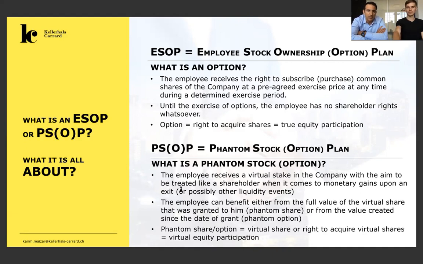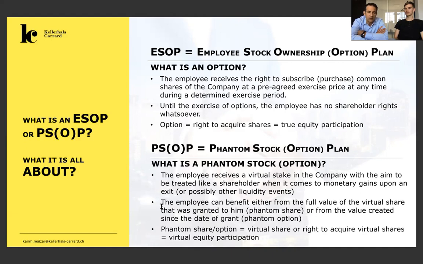As I said, it's more important to understand what is behind these concepts. And on the slides that you see, we start with the ESOP in the sense of an employee stock option plan. So the question is, what is an option? And probably this is known to most of you, if not all of you, but an option is simply a right to acquire shares in the future at a predetermined price.